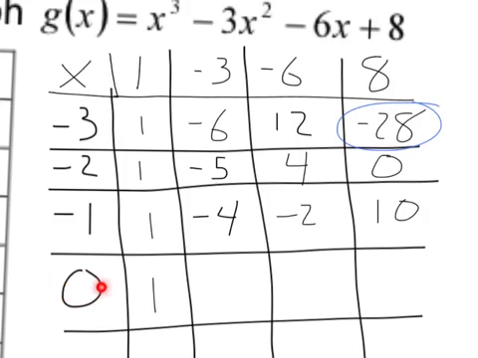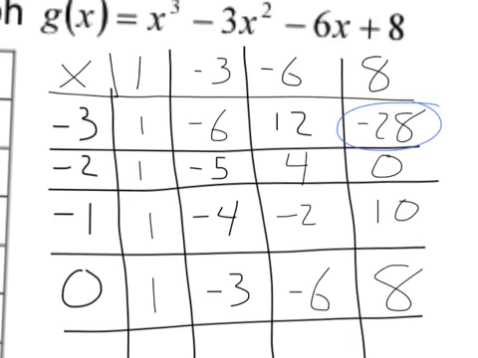We take 0 and multiply it times 1, sorry. We get 0. 0 and -3 is -3. Alright, 0 times -3 is 0. Add it to -6, you got it, -6. 0 times -6 is 0. Add 0 to 8 and you get, that's right, 8.